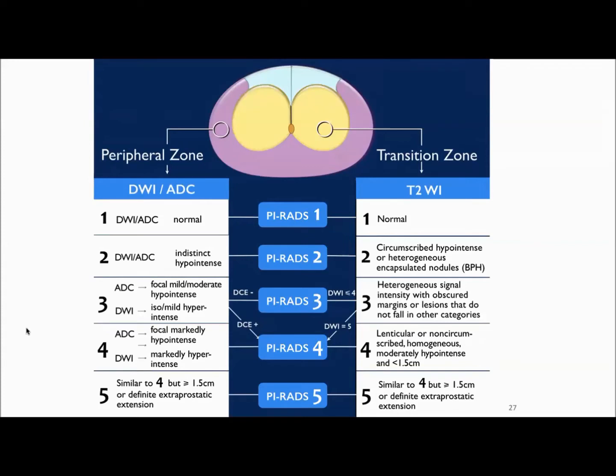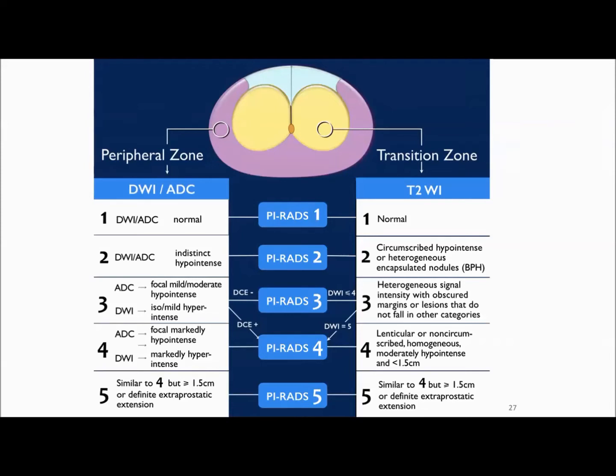If we see some linear or wedge shape hypointensity or diffuse hypointensity with indistinct margins, that is not what we see in category 1, then we describe this as category 2. I'm only describing the DWI appearance of PI-RADS on peripheral zone. I will talk about the transitional zone later, because it is slightly different.